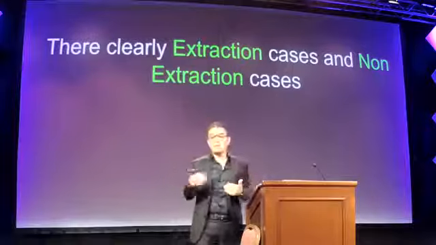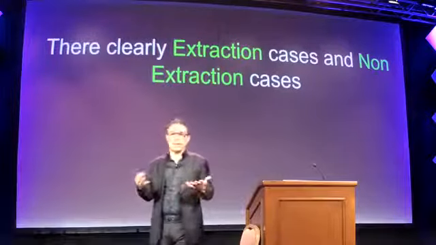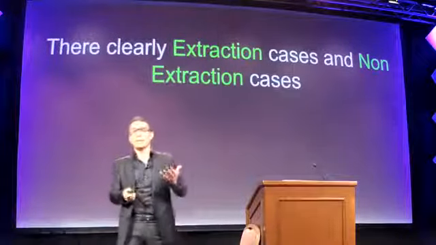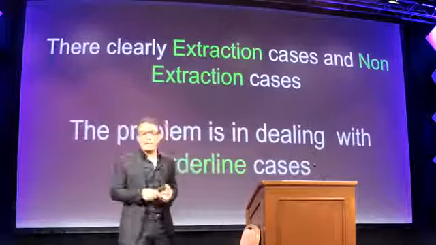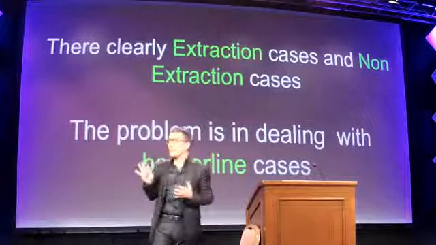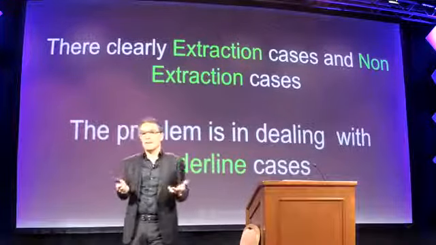So, I'm not a rigid fan of non-extraction treatments, and just like you, I think that there are clearly extraction cases and non-extraction cases, and that the problem is always in dealing with borderline cases, even if I confess I'm much happier when I don't extract.